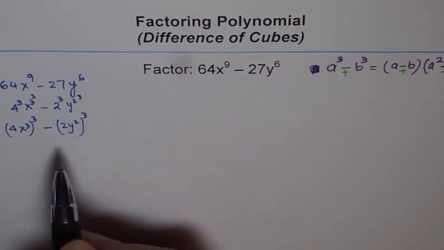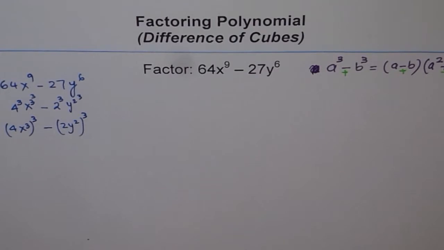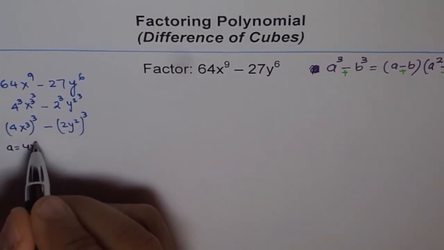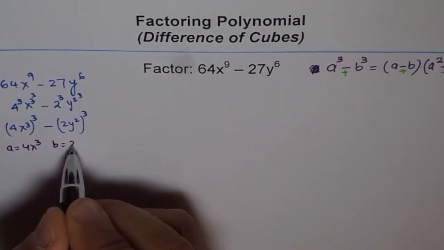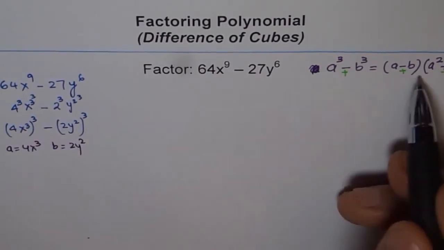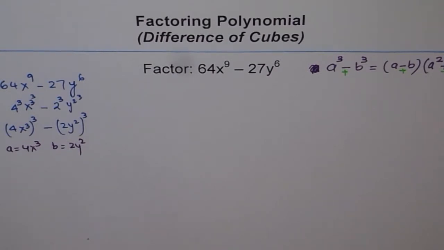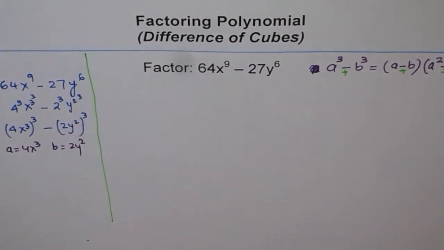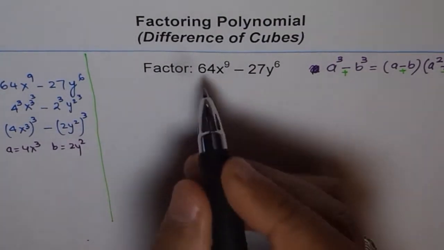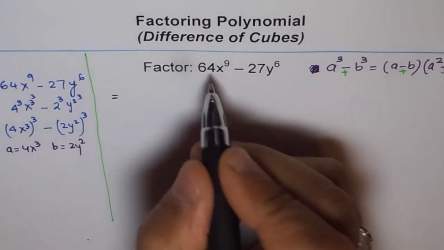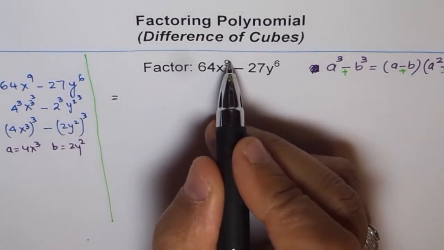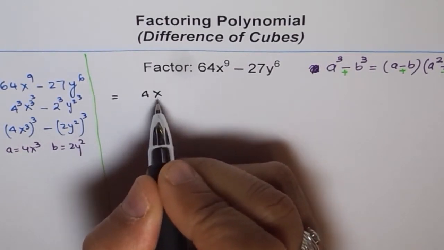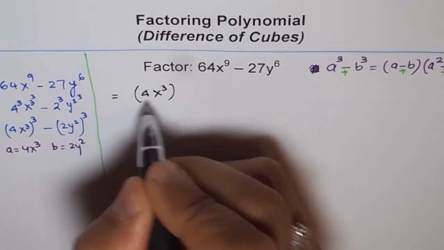If you compare with the formula, we can say here a is equal to 4x cube and b is equal to 3y square, right? So we'll use that property and then factor it out. Let me use this side to show you what I'm doing. We have this equation, which I'm rewriting: 64x to the power of 9, I'm rewriting as 4x cube to the power of 3.